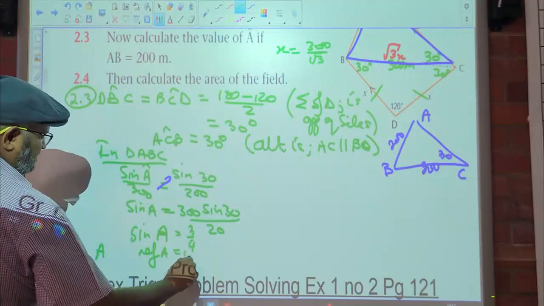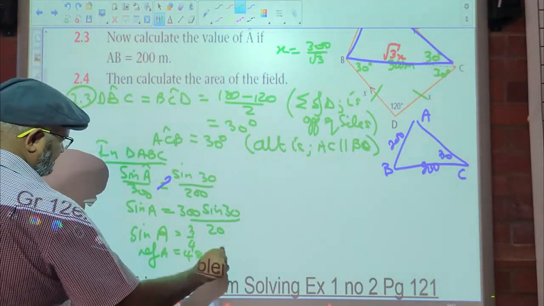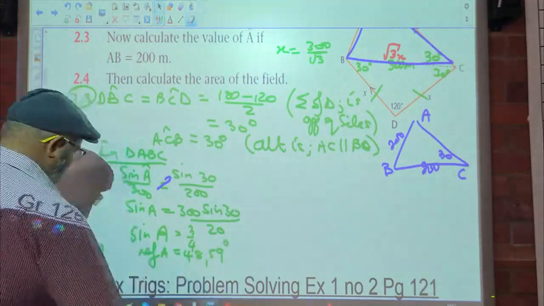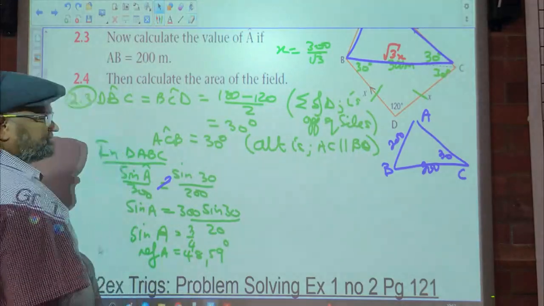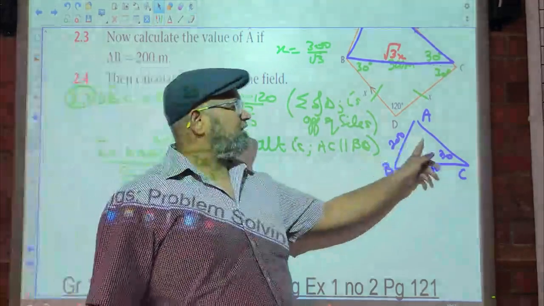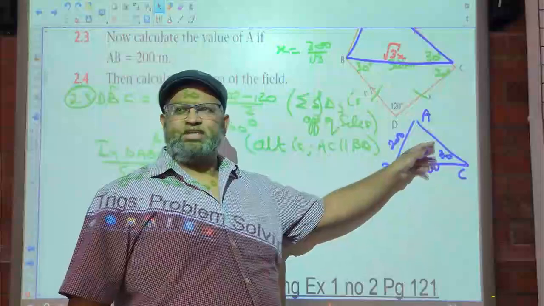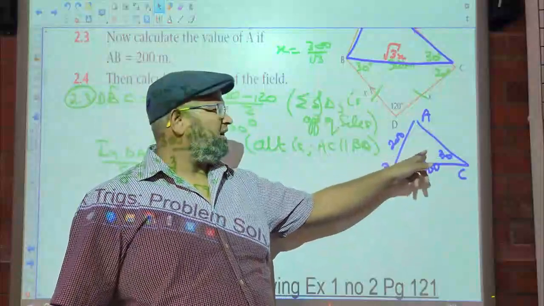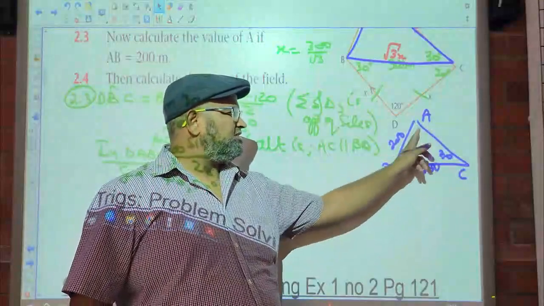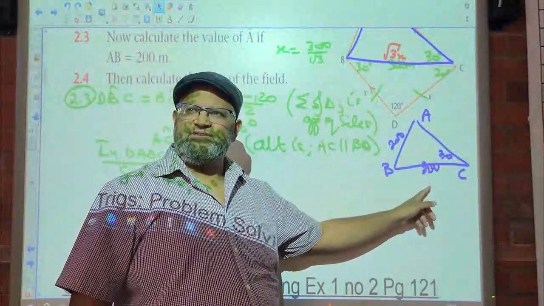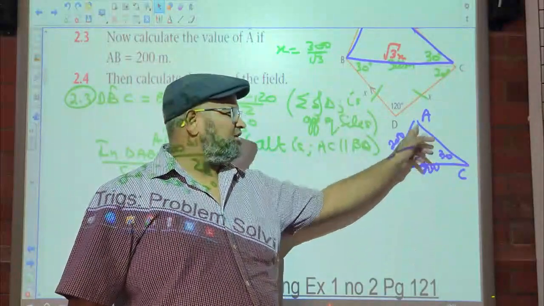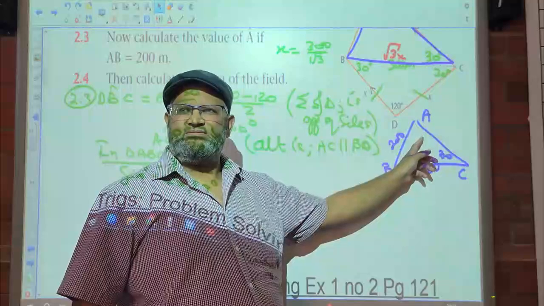A is going to be 48,59. Okay, why do you think I put the reference here? Because A could have been one of two angles. This is the ambiguous case, no? Why? Because this is opposite the longest length. So this could have been an obtuse angle as well.